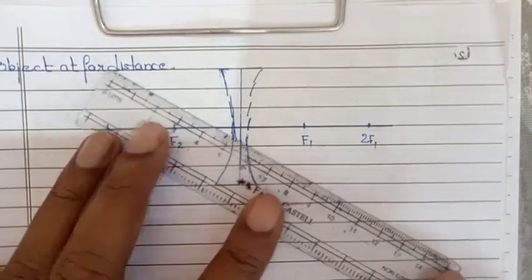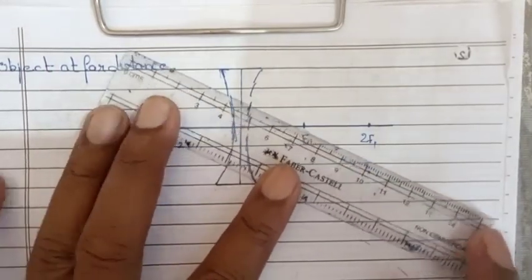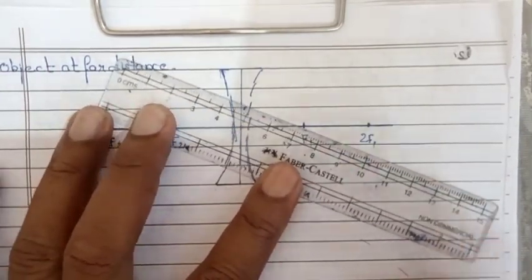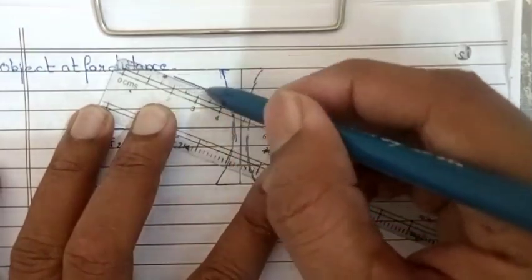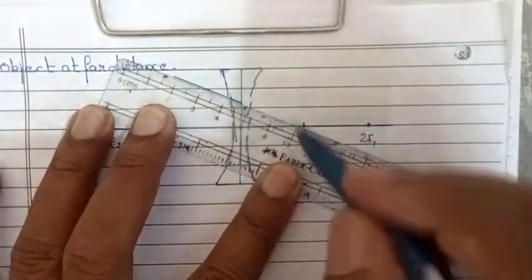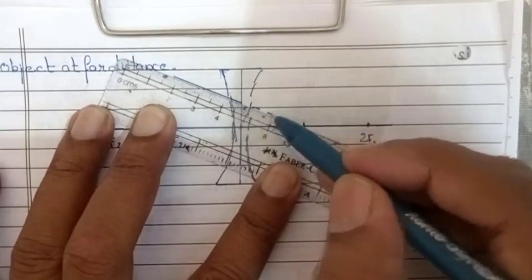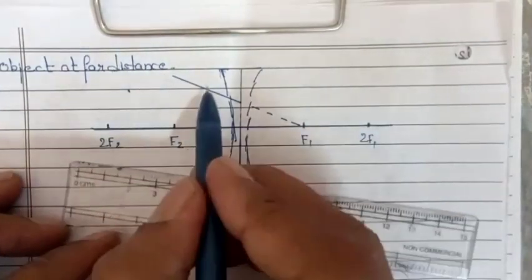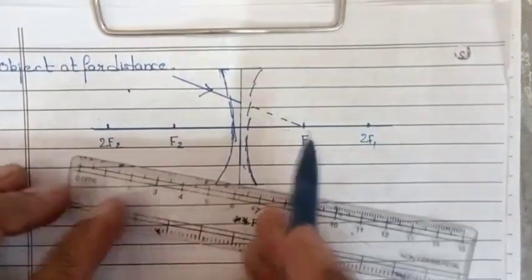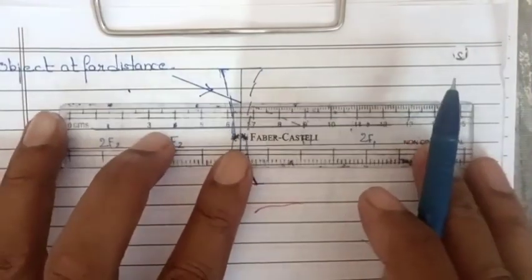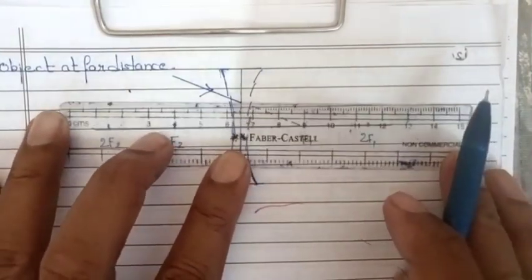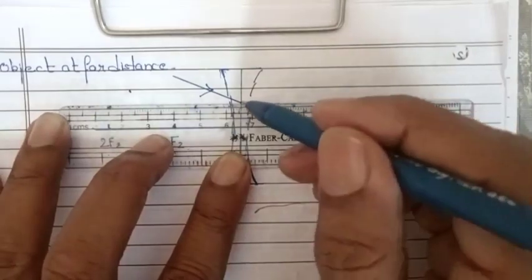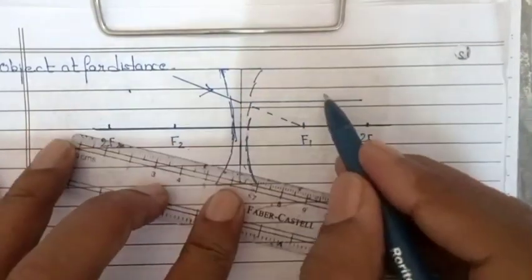So let us consider one of the rays going towards the focus. This ray is directed towards the focus like this, but it won't actually go towards the focus. After refraction, it will go parallel to the principal axis.